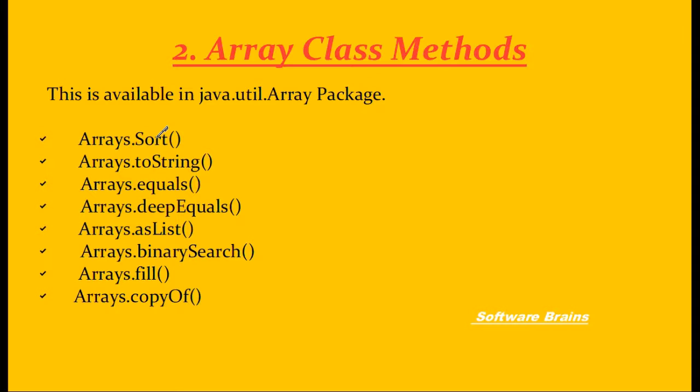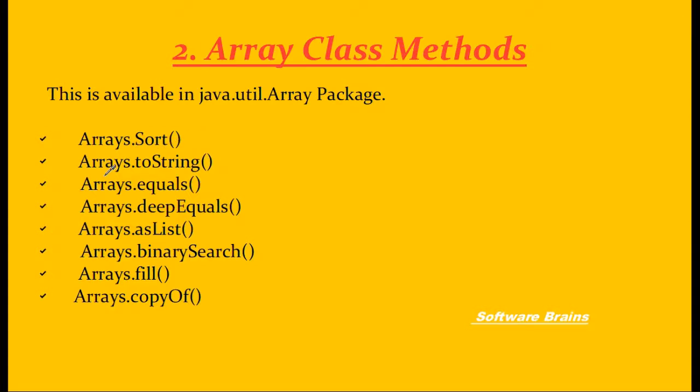So what would you do? You would take a loop, traverse element by element, check whether one is greater than or less than the other, and interchange with a temporary variable. This is the long process. It can be done quickly in one statement like Arrays.sort of that array. It would take that array, and then your array would get sorted. This is one important method.